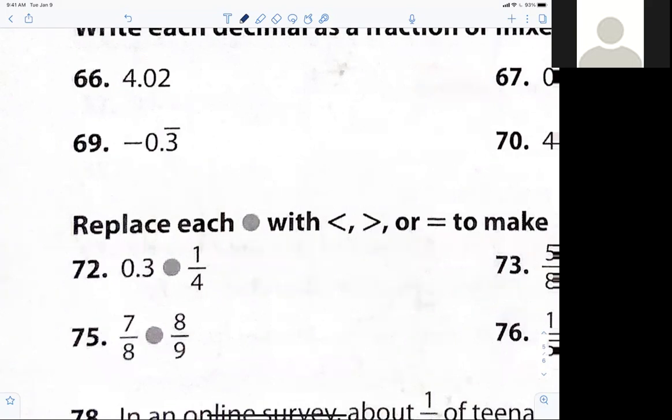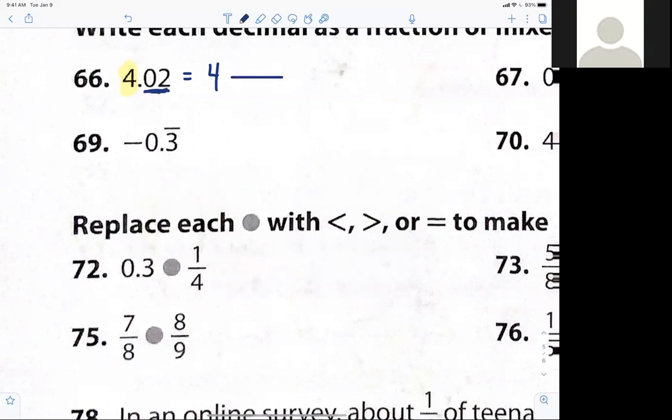Okay, tell me. So you don't remember how to convert it? So the number here is what whole number? 4. So you write down a 4. Now, come on. So then this becomes the fraction.